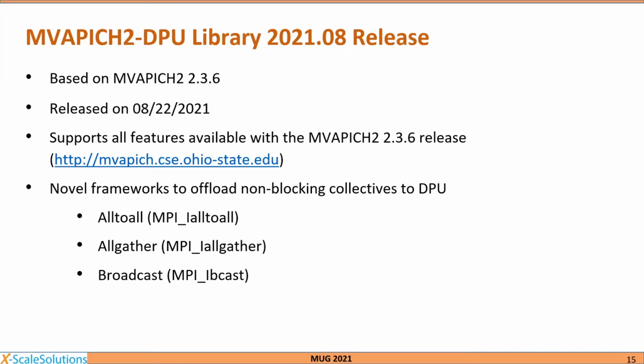The main thing here is we use a novel framework to do the offloading, especially focused on non-blocking collectives. Currently in this release, we support all-to-all, all-gather, as well as broadcast. In future releases, we'll add other important non-blocking collectives as well.